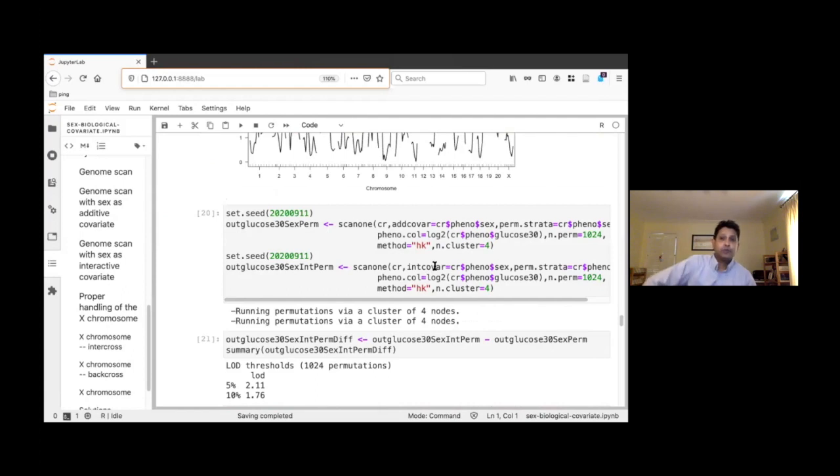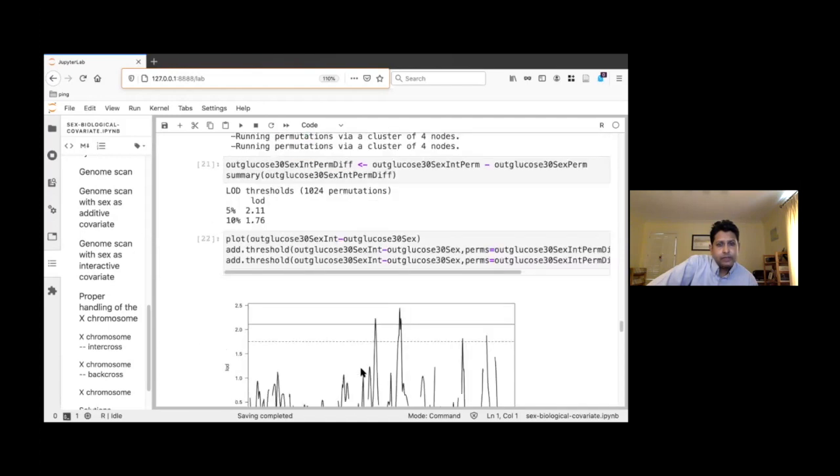Basically, you fit two models, one with an interactive Qtl and one with an additive Qtl, and you take their difference. And that would be the test for additivity of the Qtl. You have to set the seed before each of the permutations, and what that does is it makes the difference in the permutations meaningful.